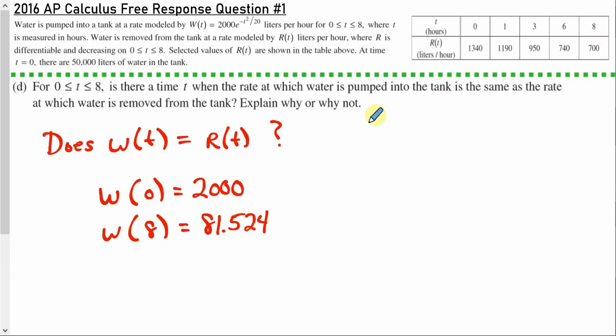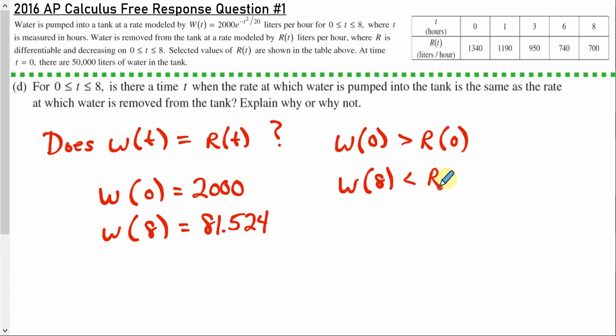There are 3 conditions. Condition number 1: W of 0 is bigger than R of 0, and W of 8 is less than R of 8. Now we know that they cross each other because they are both continuous graphs. There are no gaps or holes.